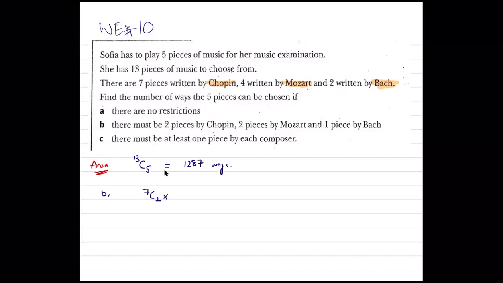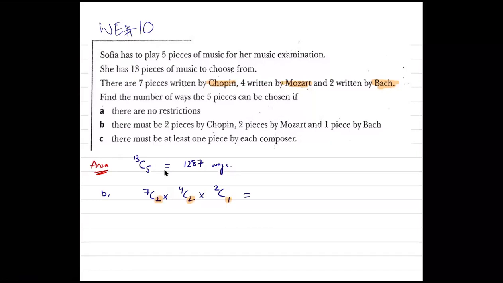And four written by Mozart. So you need to have any two pieces by Mozart. So 4C2. Then two are written by Bach, and we need one. So 2C1. In total, I'm going to get five.